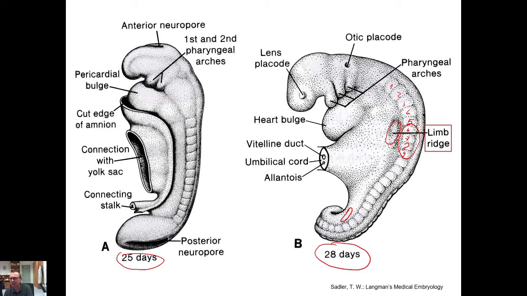The position of the ridge is given by Hox genes, by their expression, which is different along the craniocaudal axis. So upper limb earlier, lower limb later, about 2 days later, everything at the end of 4th week or maybe very beginning of the 5th week.